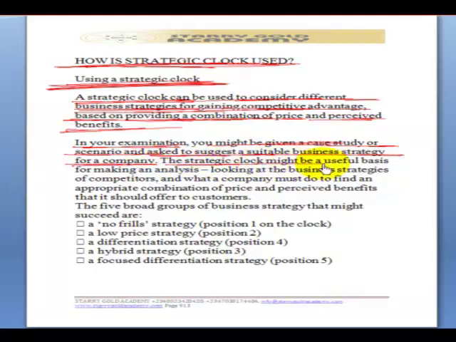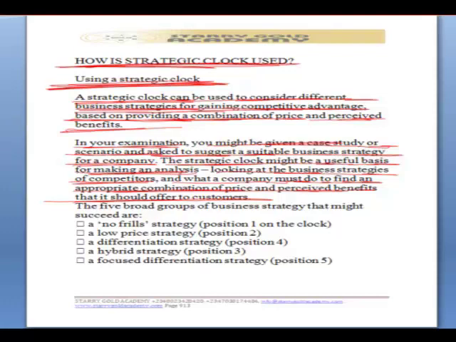This strategic clock may be a useful basis for making an analysis, looking at the business strategies of competitors and what a company must do to find an appropriate combination of price and other perceived benefits which it should offer to customers with a view to creating value and providing competitive advantage.